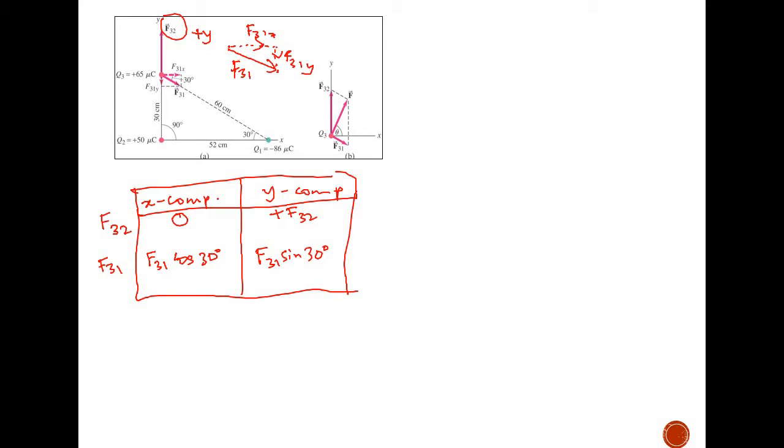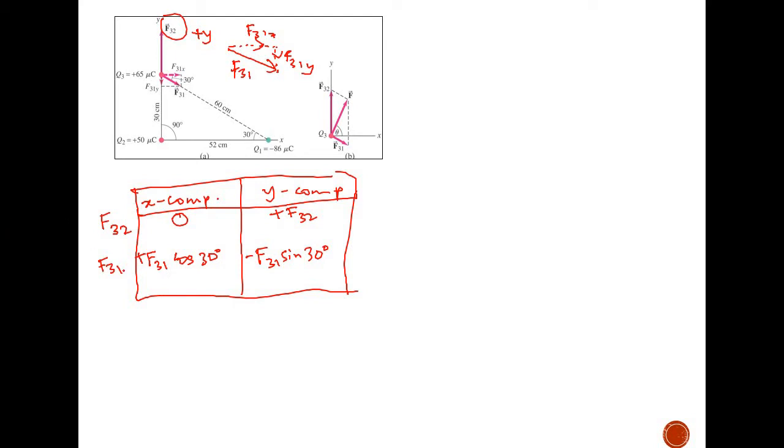Because from the tail to the head, you need to ensure that the direction is in one direction only. So going to the right, going down. So F31X is positive. F31Y is negative.